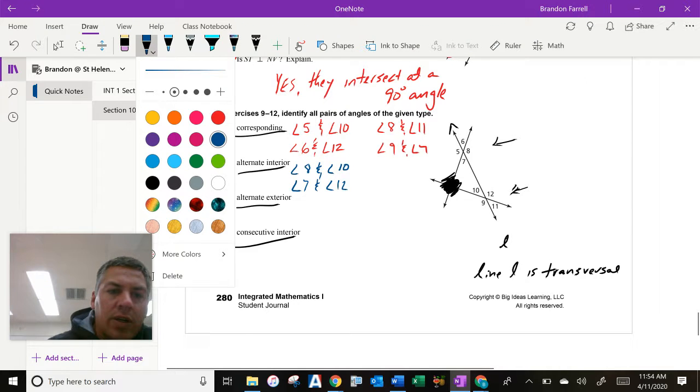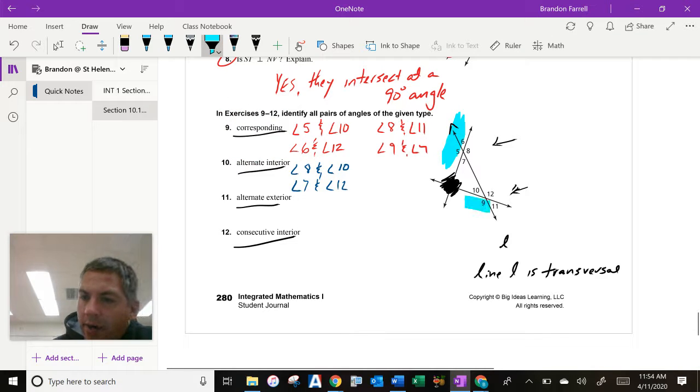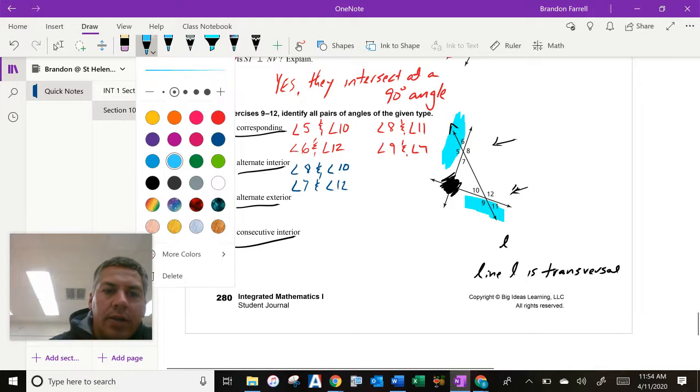We're going to go to a light blue for the next one. Alternate exterior. Now we're in the exterior parts, out here and out here. If I change to a highlighter, the exterior is out here and out here. So we want to create alternate exterior.